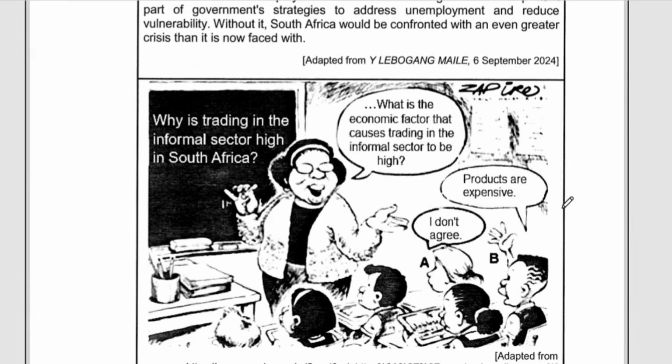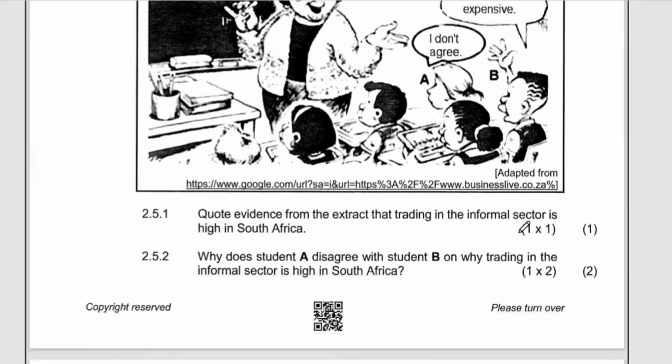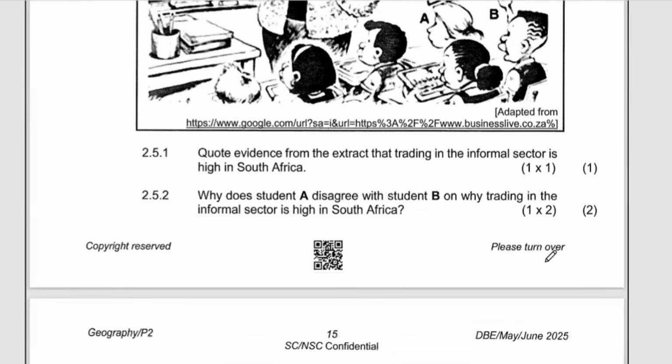And then learner B is saying, I don't agree. So basically here, from the translation of what these learners are saying, one is arguing that products are expensive. And products are expensive here, we are relating to the formal market. That is why the informal sector is thriving, because products on the formal market are expensive. So why are they not agreeing? I don't agree. Why doesn't she agree?